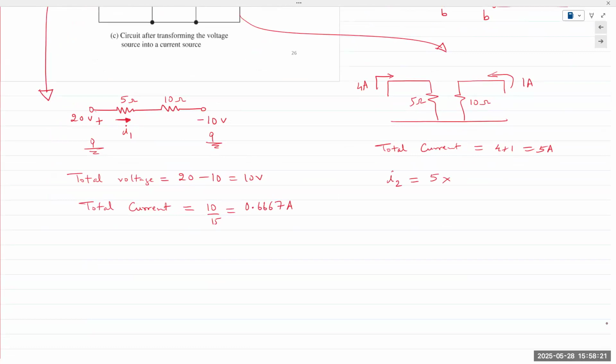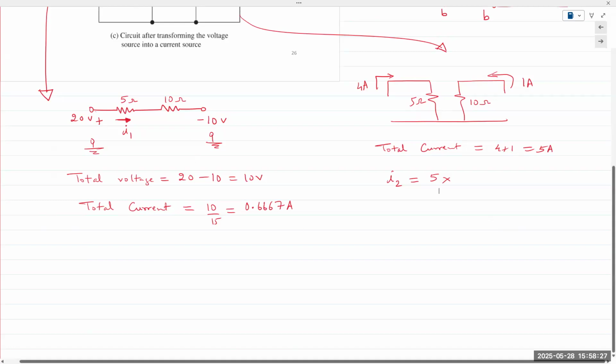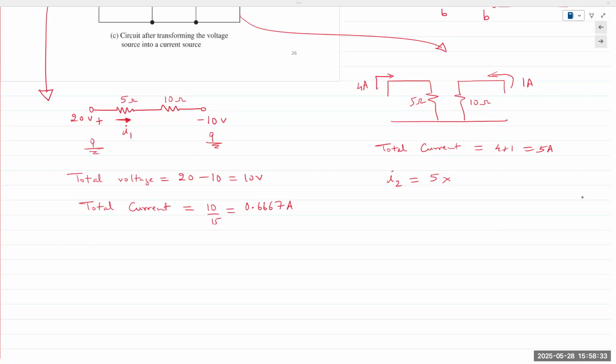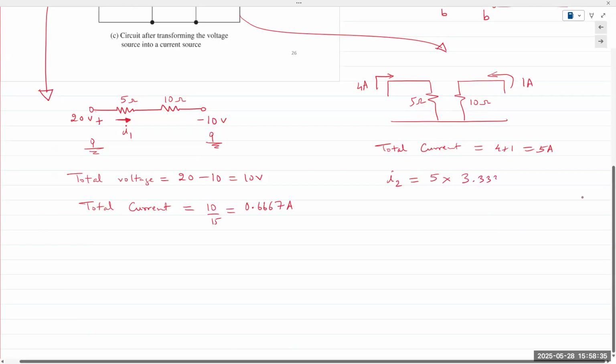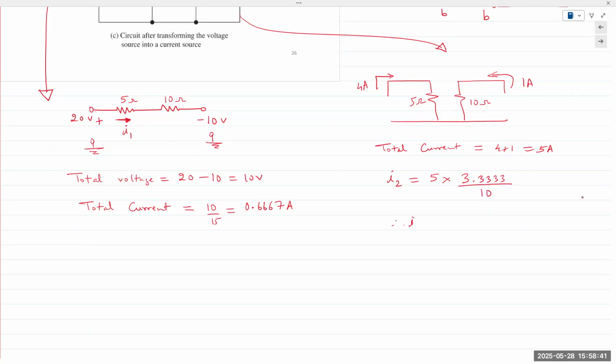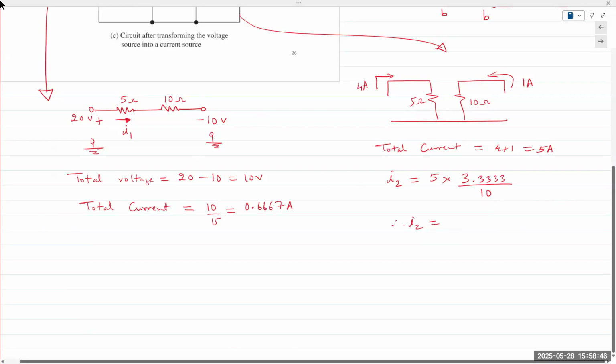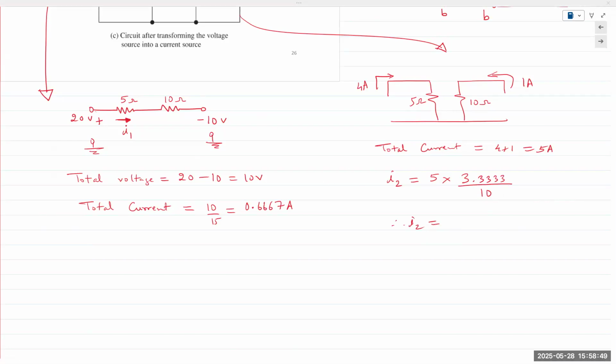We need to find REQ. REQ of 10 and 15 would be 50 divided by 15. So 50 divided by 15 is 3.33, divided by 10. And therefore, I2 is equal to 5 times that, 1.6667 amps.